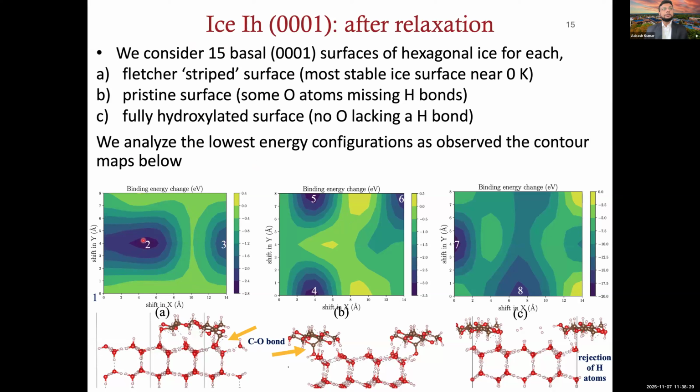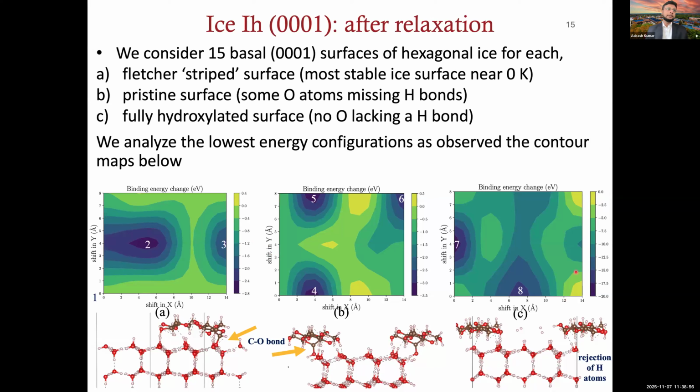The darker regions reflect the most preferred binding configurations, the ones that had the lowest binding energy relative to the other cases. The numerals annotated on these reflect the individual structures that we considered. And so they all are the most stable configurations, if we can call them that, when you have cellulose binding to these different surfaces.